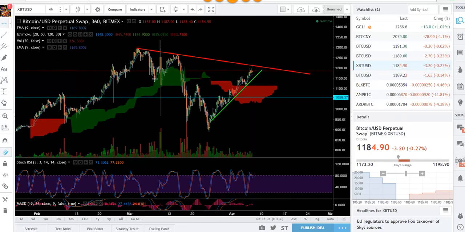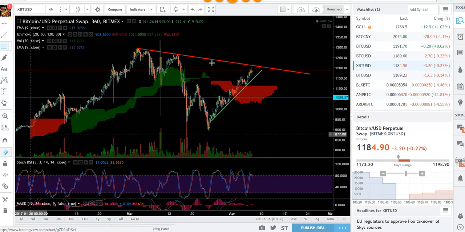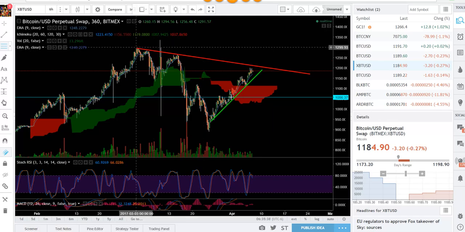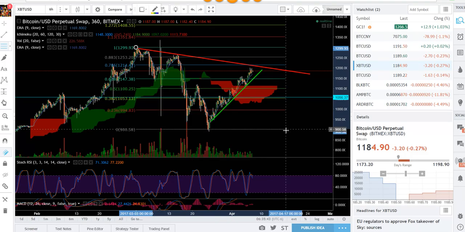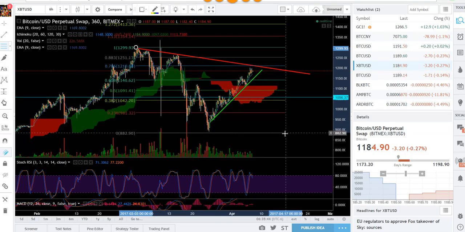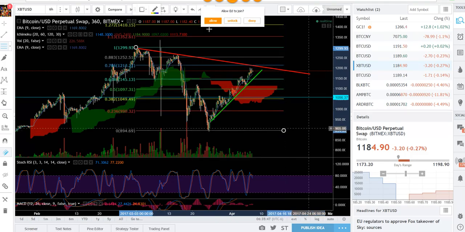Now we would also use our Fibonacci to tell us where we might be meeting resistance on the way up as well, from our extreme high to our extreme low of this move, right about there.